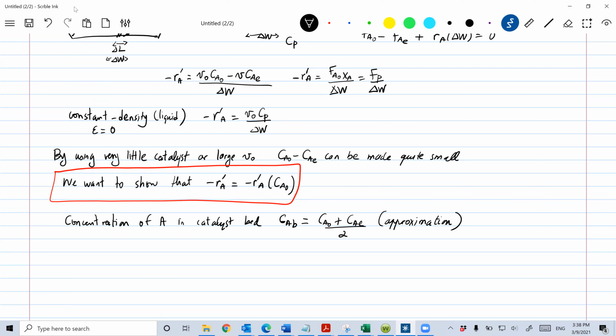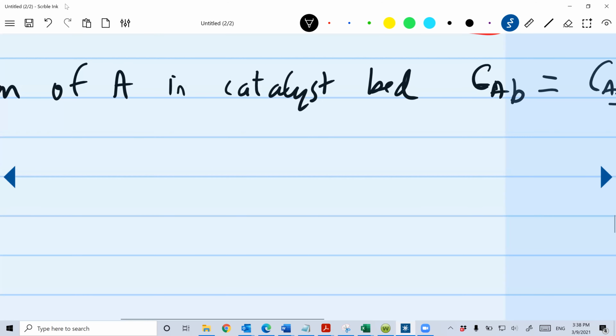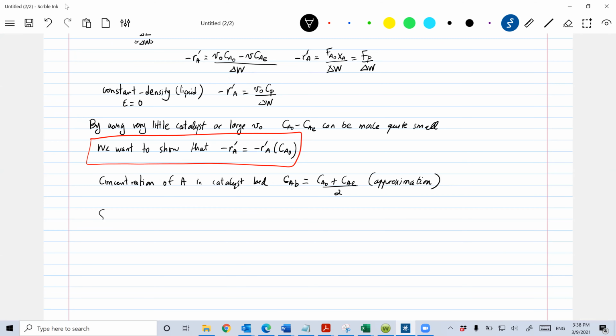However, since very little conversion happens, CAB is almost the same as CA0, since very little reaction takes place.